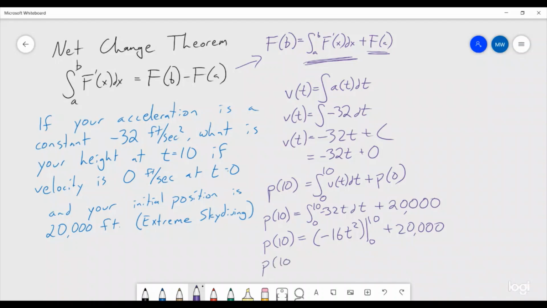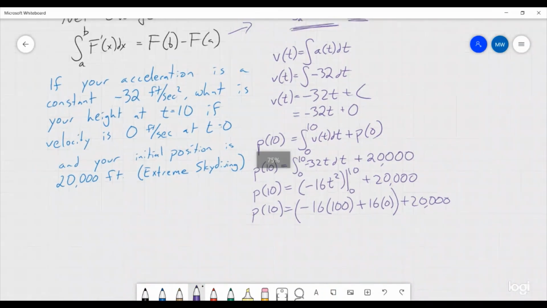So p of 10 is going to be minus 16 times 100 minus negative 16 times 0 plus 20,000. And we put all of that together and we get p of 10 is equal to 20,000 minus 1,600. So this is going to be 18,400 feet.